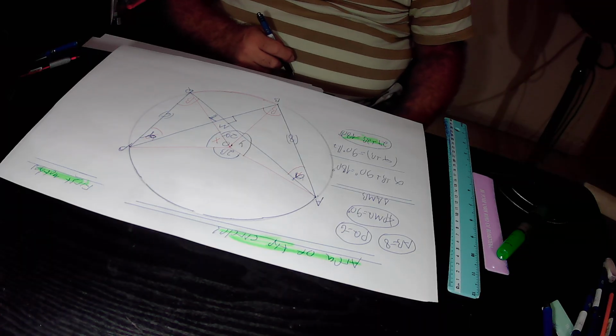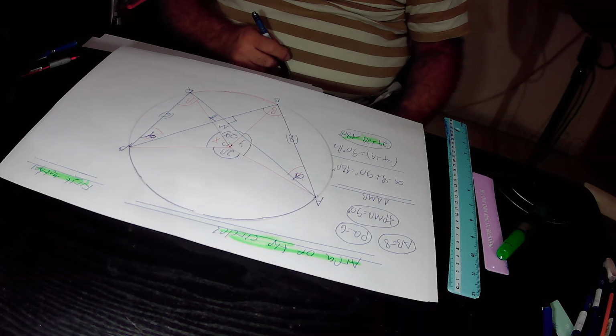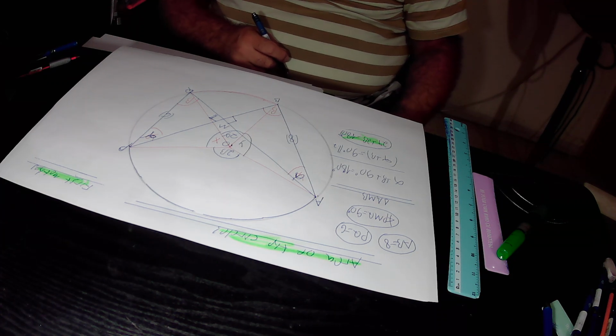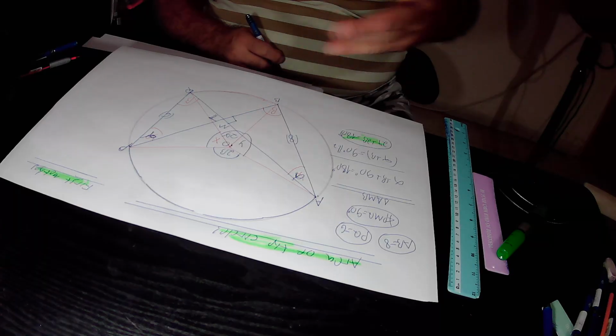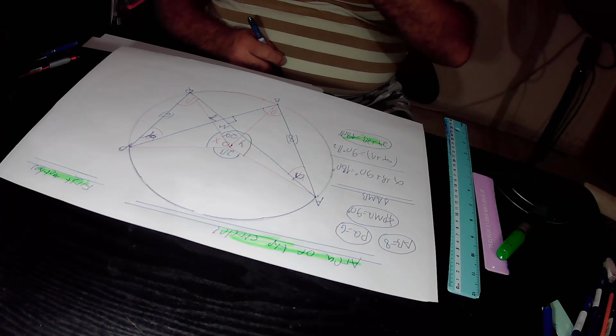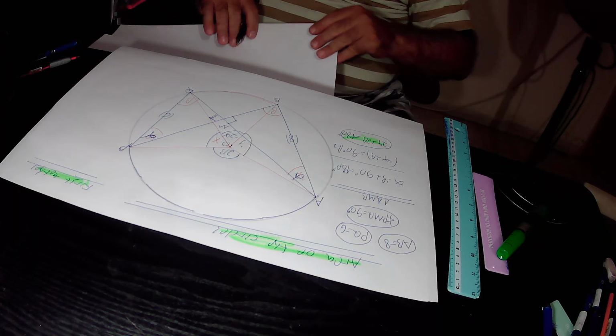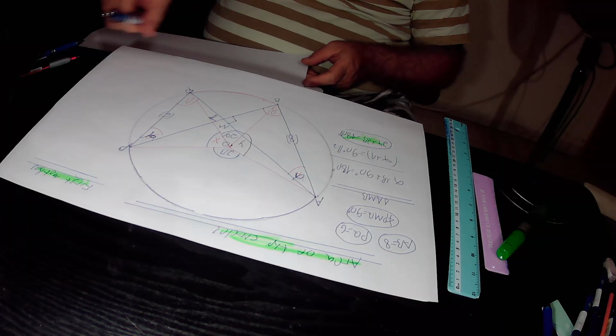So the sum of the angles around point O must be equal to 360 degrees. So which angles do we have around point O?